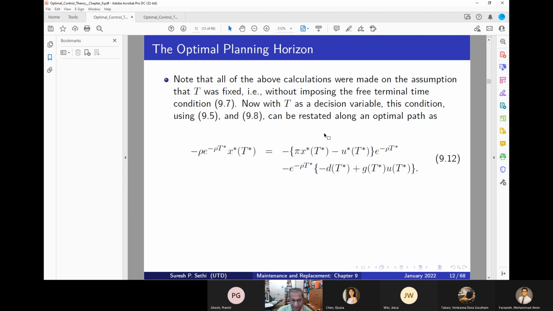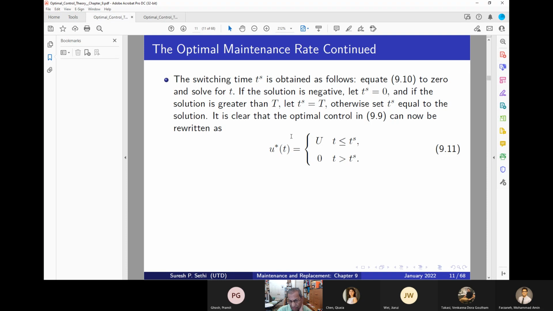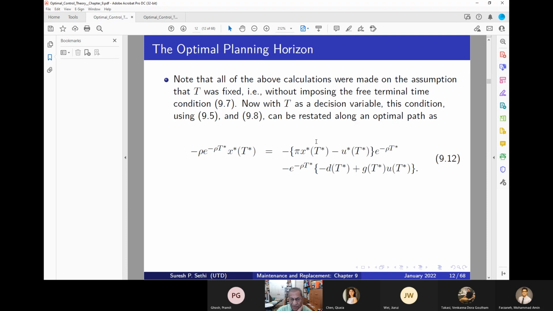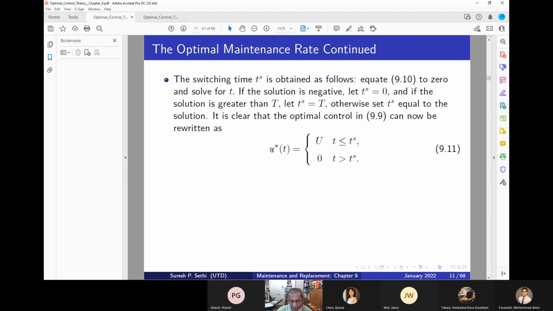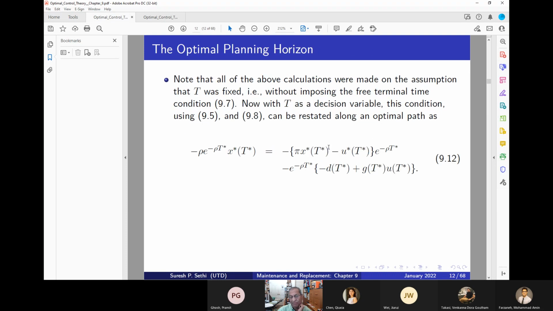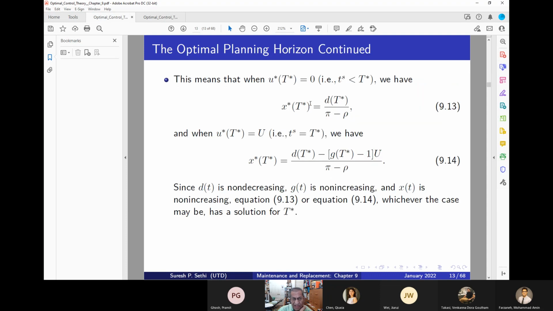Then the problem is we have this solution that depends on T, and T is a decision variable. So we have to somehow put this guy and this guy together. That is an important aspect of this problem, and we will see how Thompson does it.